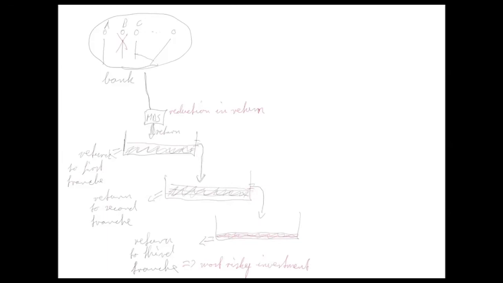So in that sense, the first one over here is safest, then this one is somewhat risky, but really the most risky one is the last one, okay? Because the last one is the one which first has to eat the losses if some of the people don't pay their mortgages.